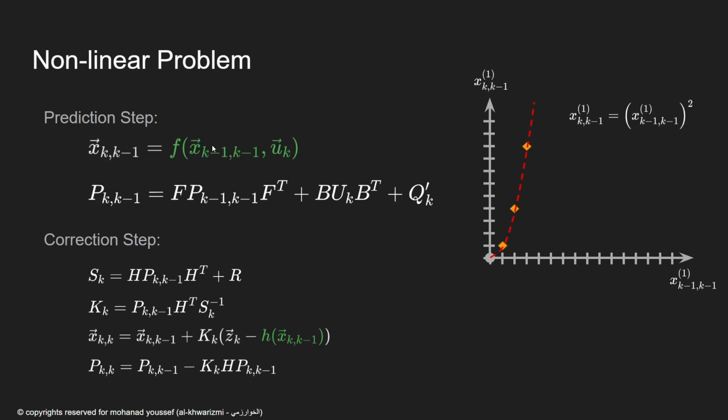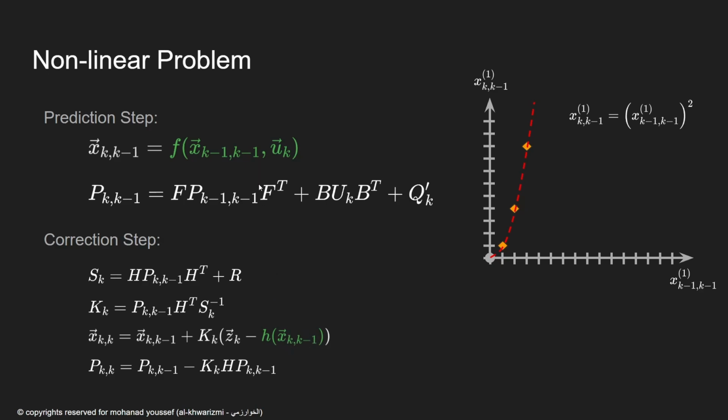So what will be changed in the Kalman filter? So first, the two easiest things are the prediction and measurement models. So they will be changed to be something like this. So instead of having the matrix form and multiply by the state vector and the input vector, we can have just the equation itself, like here, and also in the measurement model, like here.